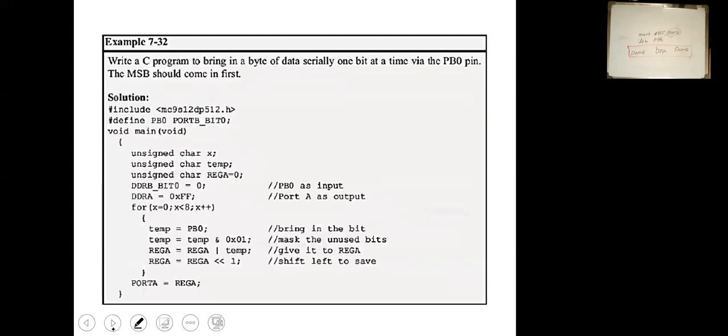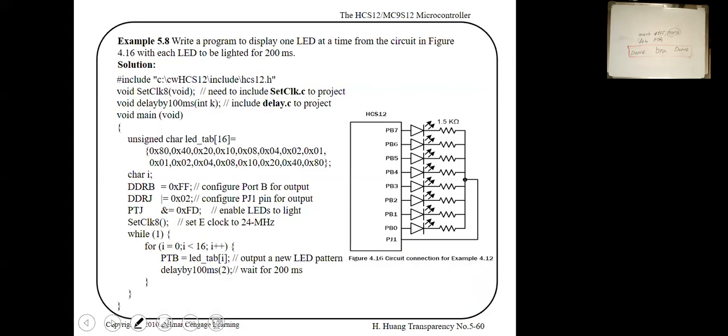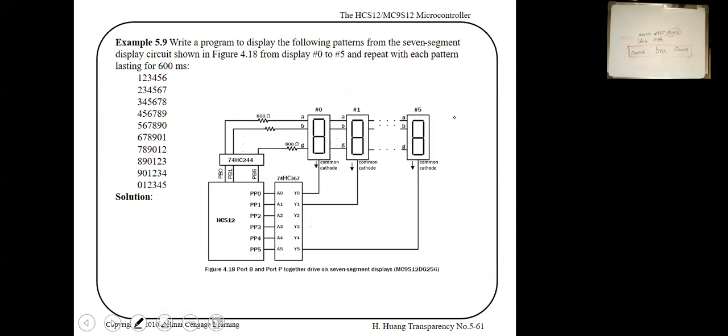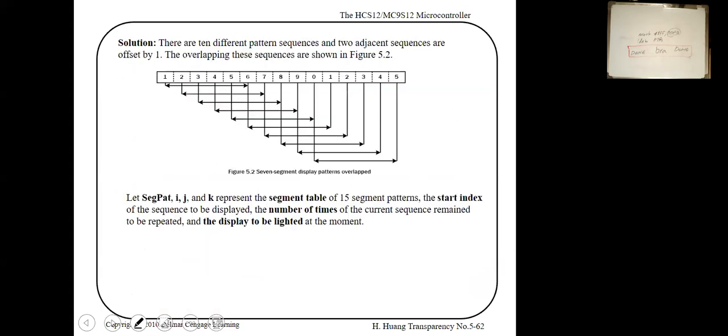They are not from our textbook, most of them; they are from another book, which is among the references in the syllabus. Same example here that we saw in chapter 4, but now it is written in C.